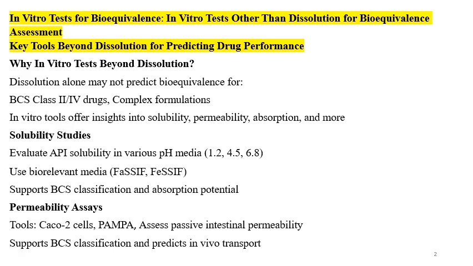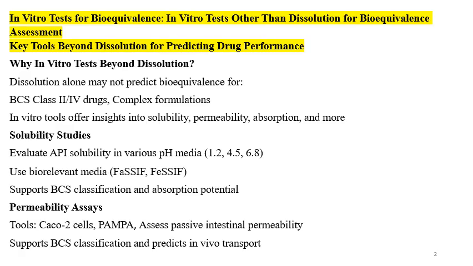There are some in vitro tools which offer insights into solubility, permeability, absorption and more, which are related to the equivalence. So solubility studies are there, permeability studies are there and many others.